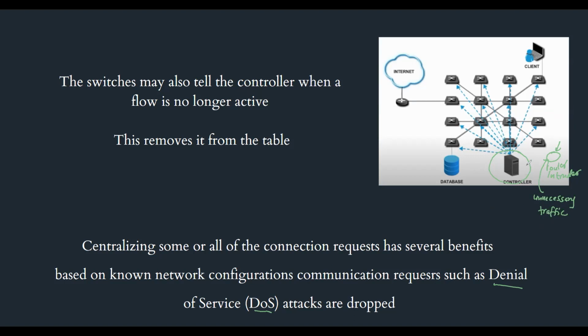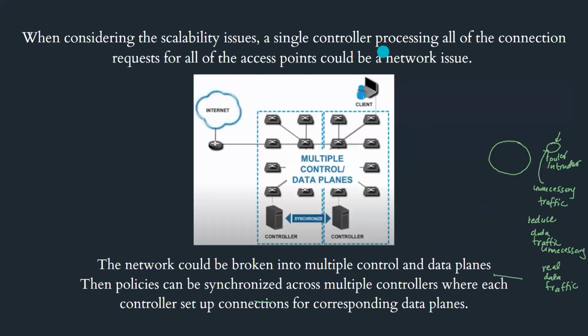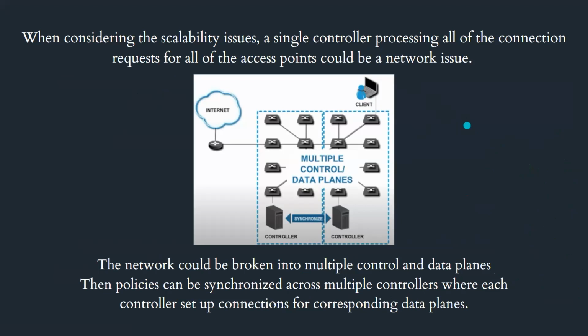It will also help to reduce the unnecessary data traffic that is added to the network, so only the real data traffic will be forwarded from one router to another router, and so on. So that is one of the benefits of software defined networking and having the controller.